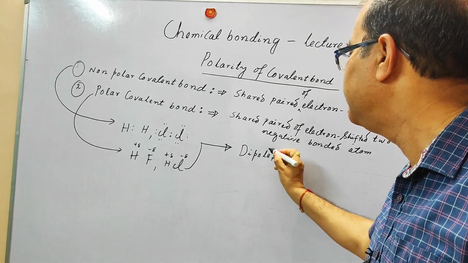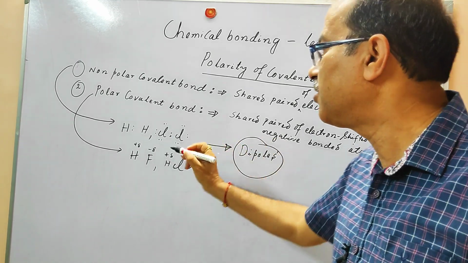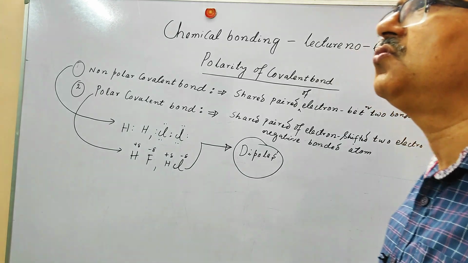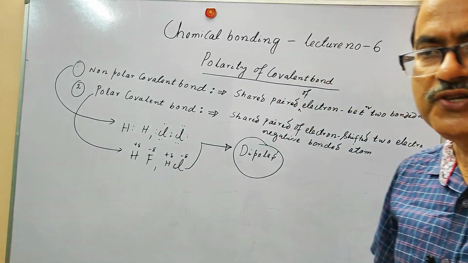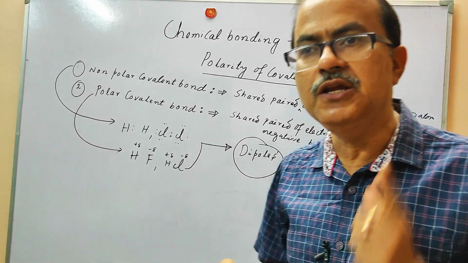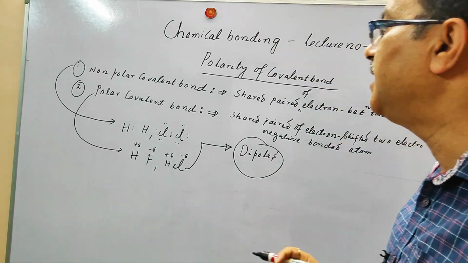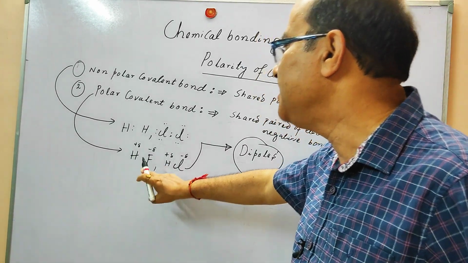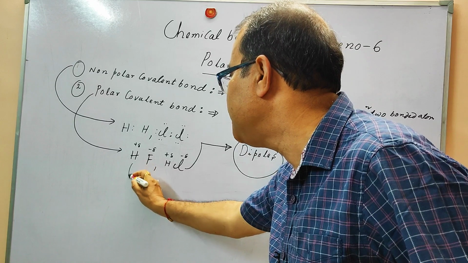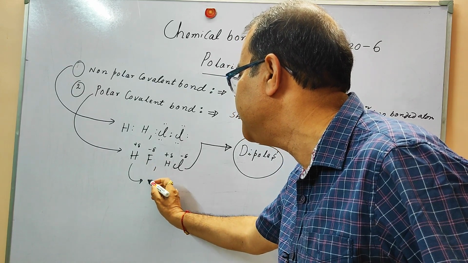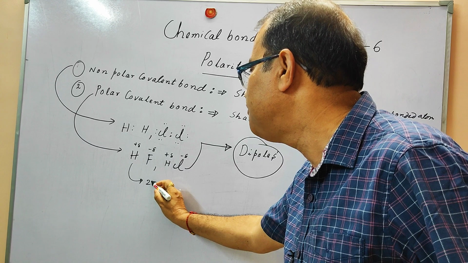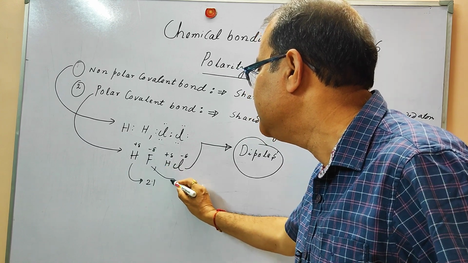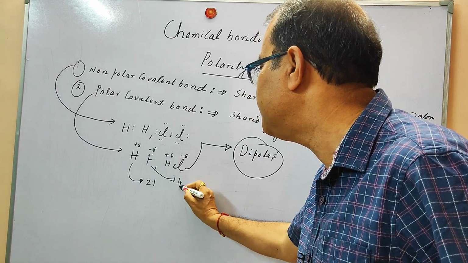The polarity of the covalent bond can be measured by the difference in electronegativity between the two atoms. As for example, hydrogen has electronegativity 2.1, whereas fluorine has electronegativity 4.